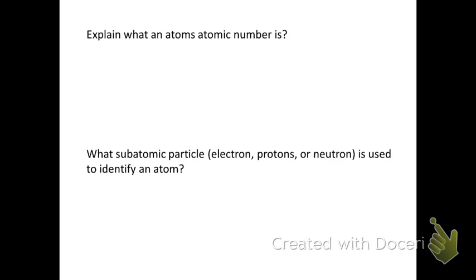Alright, so what is the atomic number of an atom? The atomic number of an atom is the number of protons an atom has. If you remember, when we looked at lecture 2 of this unit, we talked about the atomic number and how to find it on the periodic table.